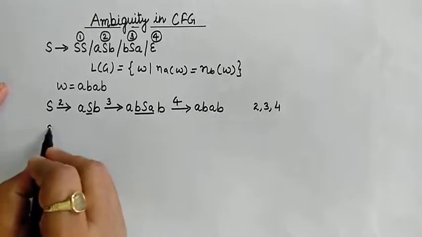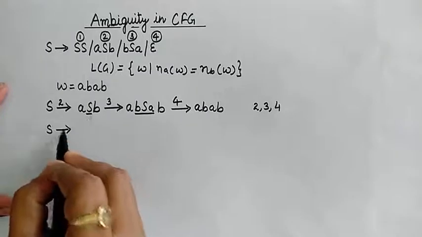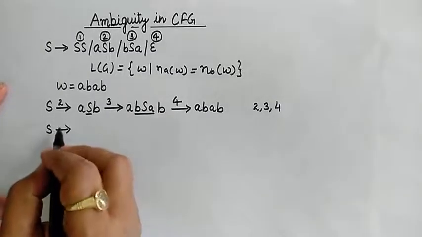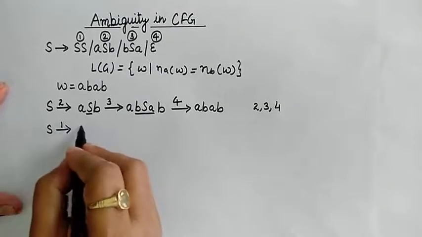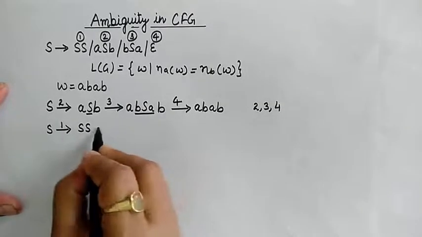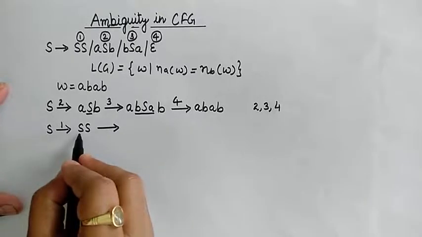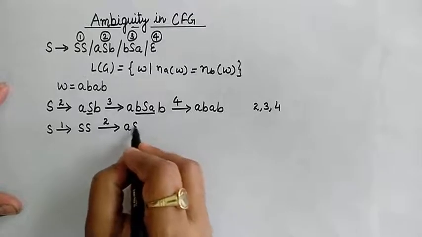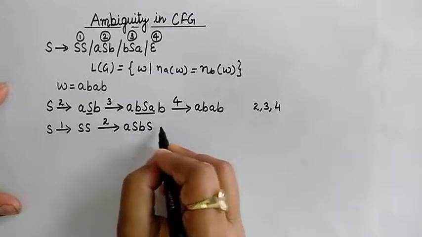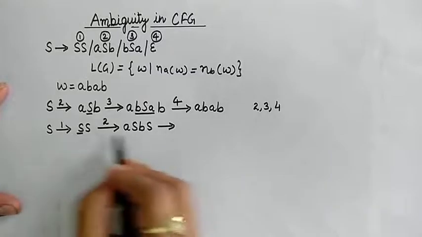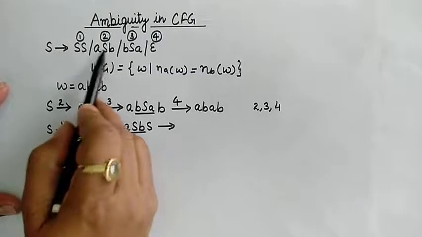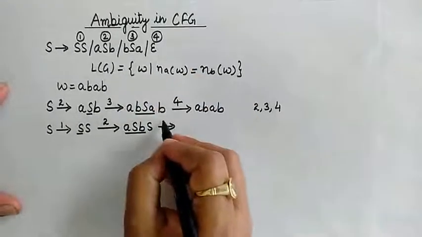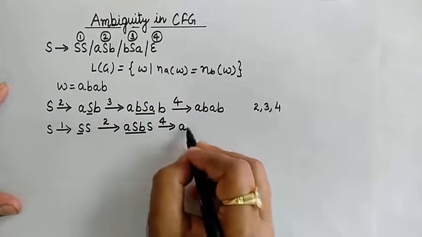And there is another way to derive this string also, using leftmost derivation even. So suppose I use first production number 1, let's say S → SS. Then with this S I can use production number 2, I will get ASB S. So this S is replaced by ASB, actually production number 2. And now this S can be replaced with null by using production number 4.